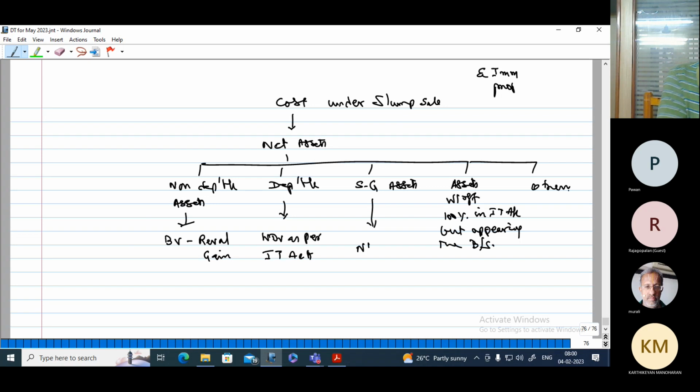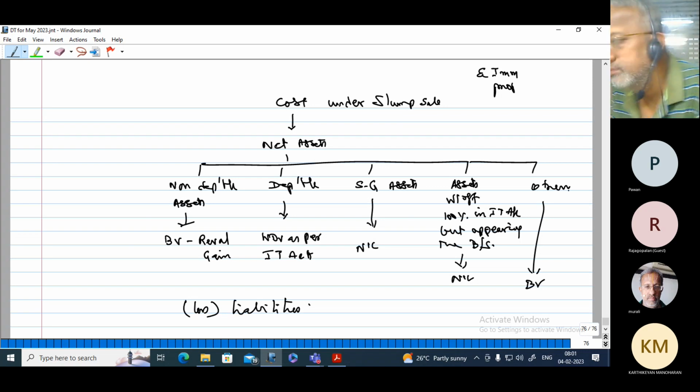This value should be nil, this value should be nil, this value should be book value. Correct? Less liabilities. Correct? This is what they have really meant.